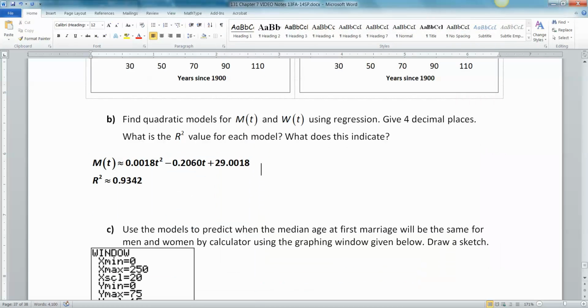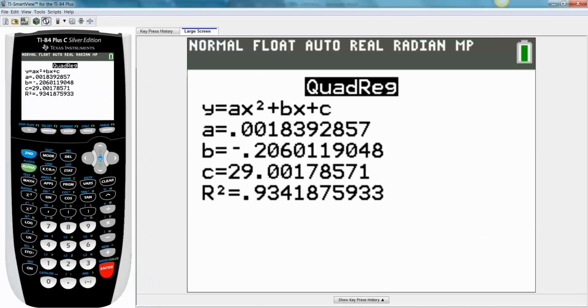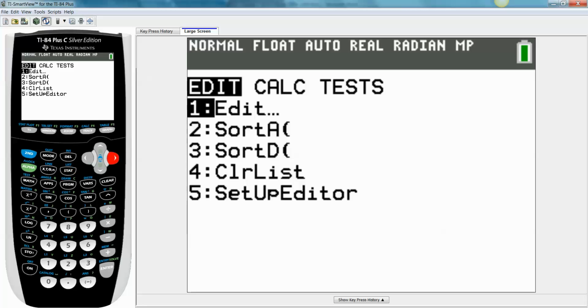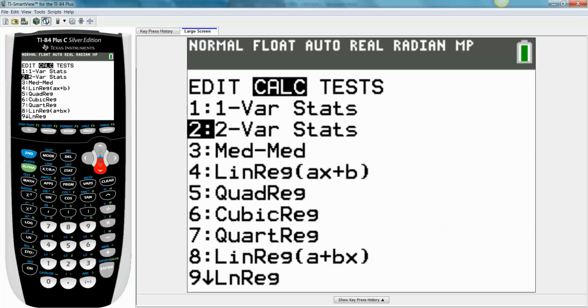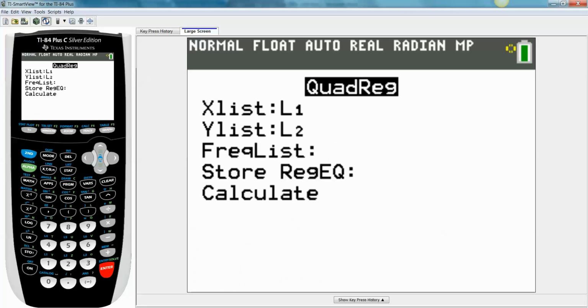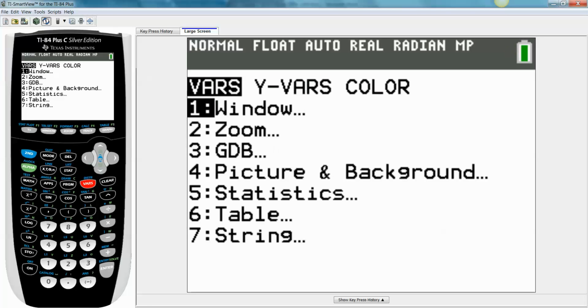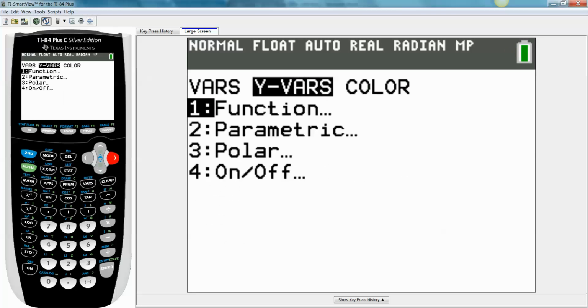All right, so there's the men typed in. And now I need the women. We've done this before back in chapter 3, but it's been a while. So you hit stat, you hit calculate. You want number 5 again, because it's quadratic as well for the women. L1 is still your X list, it's still your years, but your data is in L3, so hit second 3, enter. Always leave the frequency list blank, and I'm going to store the regression equation: variables, Y variables, function.